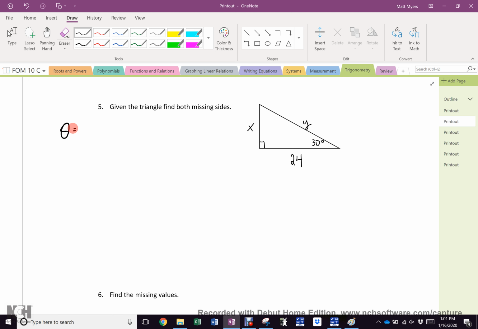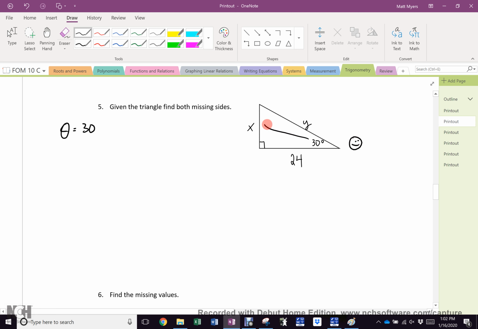Theta is always an angle. I know a bunch of people are doing the work right now, but I would very much like it if somebody could tell me what I need to write here. 30, which means there I am.